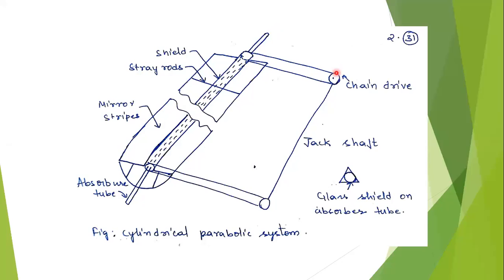This is the jackshaft and chain drive, which is used to turn the direction of the parabolic system. Here the shield is zoomed in; like this it will be in a triangle position.